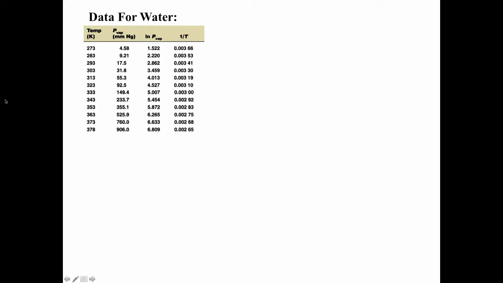So here is our data once again, temperature versus vapor pressure. But what we've done is we've worked with the data a little bit. And here is a column where we've taken the natural log, ln, of the vapor pressure values. And we've taken the temperature values in Kelvin and taken their reciprocal, so 1 over temperature.